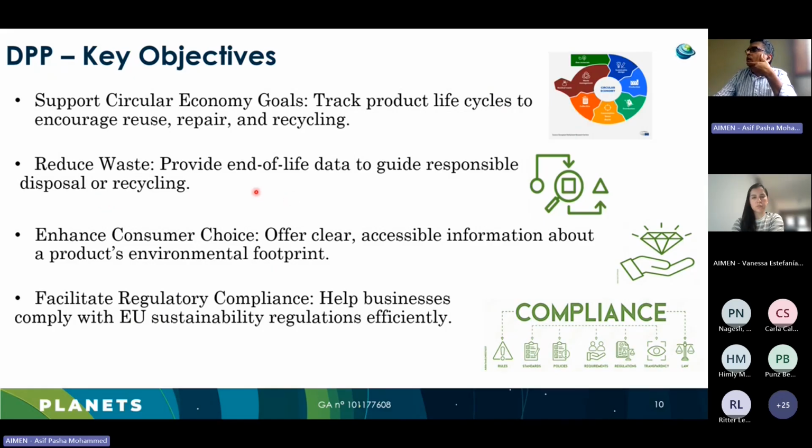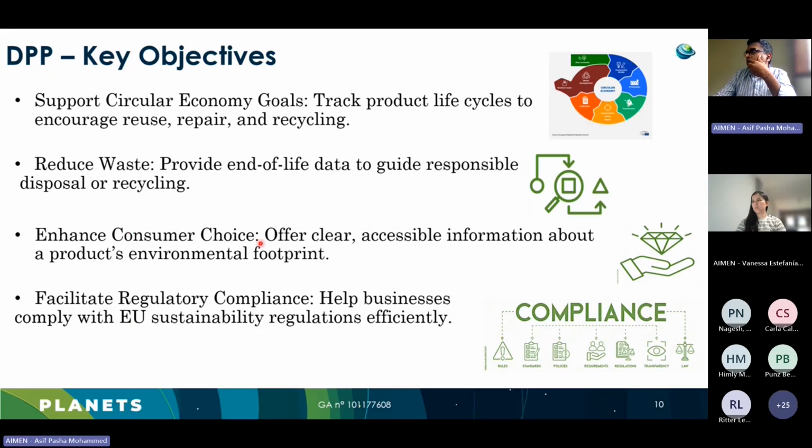This is possible when providing the end of life data to guide responsible disposal or recycling, and also to enhance consumer choice. So if I have more options and more information on the kind of product that I'm going to buy, it will offer me clear, accessible information. Then it's also useful to enhance the consumer choice.